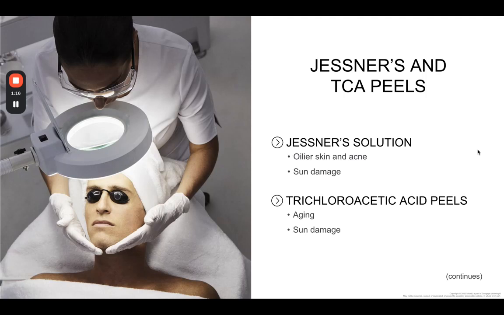So Jessner's peel or Jessner's solution is actually one of the ways to go. You get your bang for your buck. You kind of get the benefits of what an alpha hydroxy acid and a beta hydroxy acid would do for a client in one bottle.